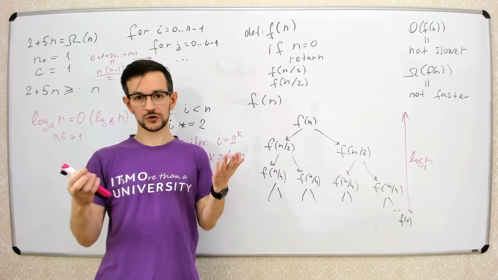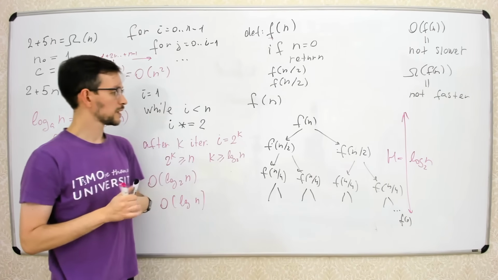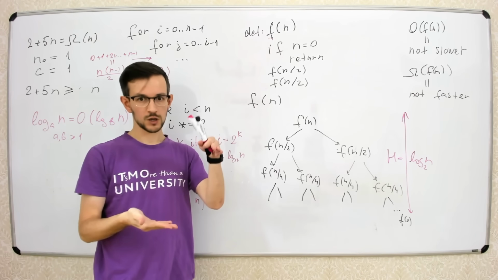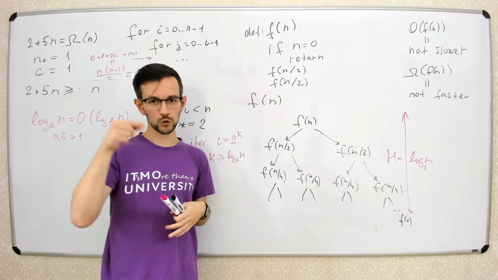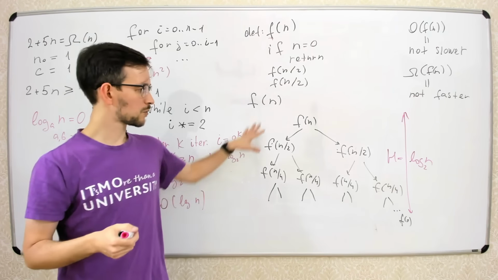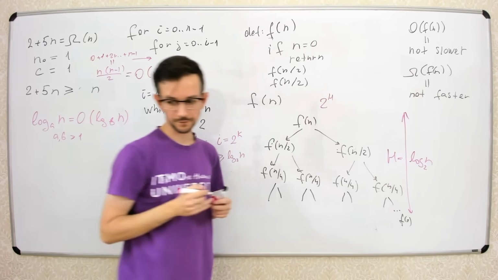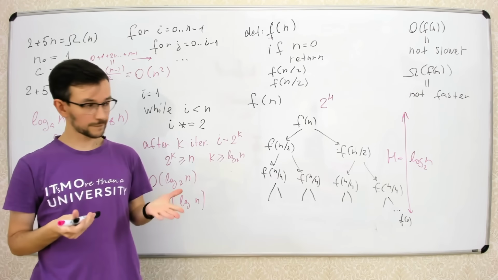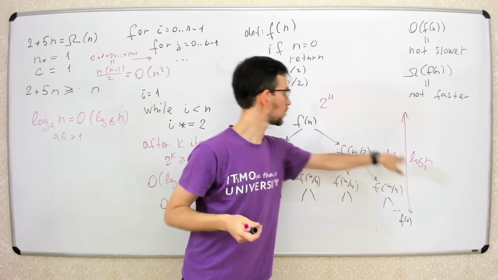And now you want to calculate the number of nodes in the tree of height equal to log n. Let's say h equals log n. So if you have a tree of height h, what will be the total number of elements in this tree? It will be about 2 in the power of h. So this height of the tree is log n, so we need to put this log n here.